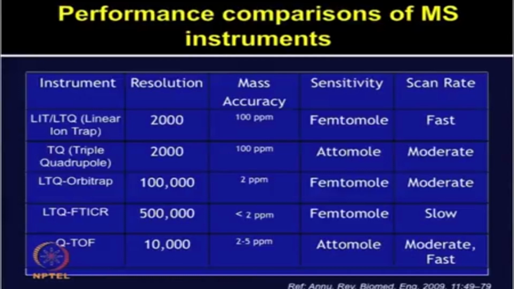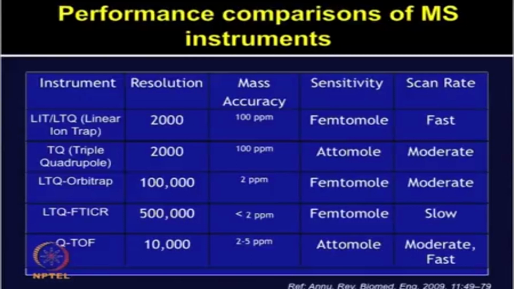Here you can see the linear ion traps, or LITs or LTQs. They have resolution of 2000, mass accuracy 100 ppm, sensitivity in femtomole, and scan rate is very fast. The triple quadrupoles, or TQs, have resolution of 2000, mass accuracy 100 ppm, sensitivity in attomole, and scan rate is moderate.